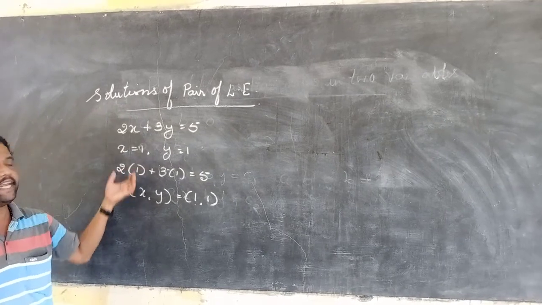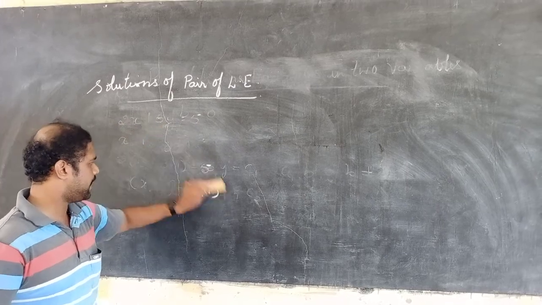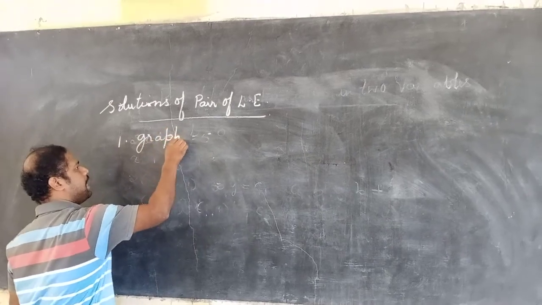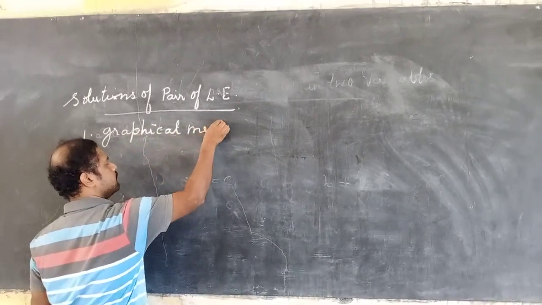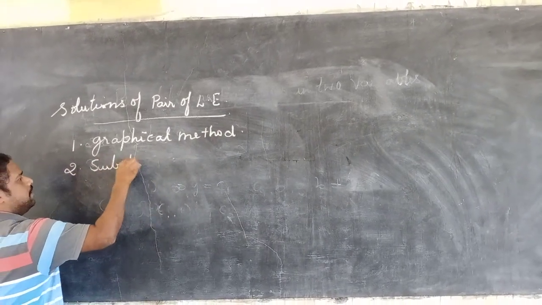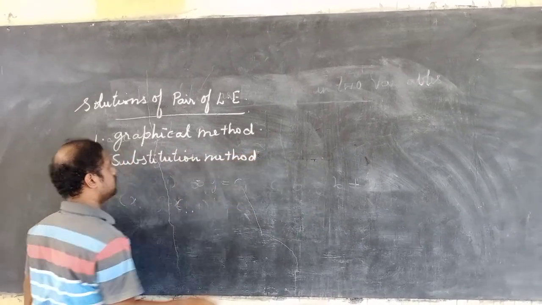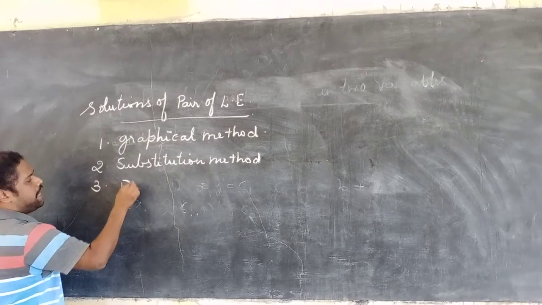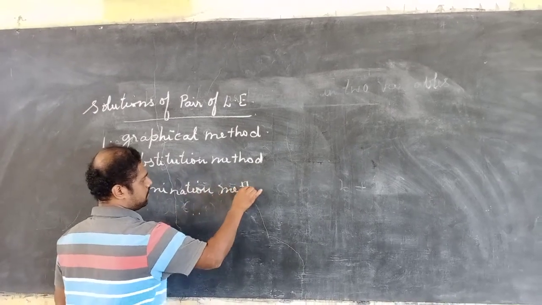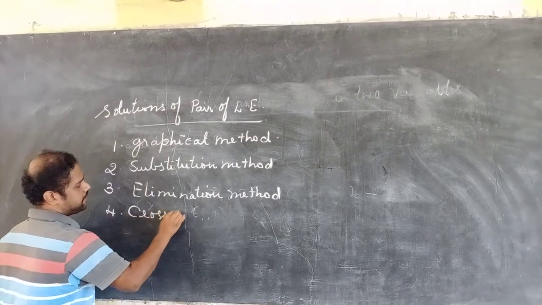This pair of linear equations can be solved in 4 methods. The first one is the graphical method, the second one is the substitution method, the third one is the elimination method, and the fourth one is the cross multiplication method.